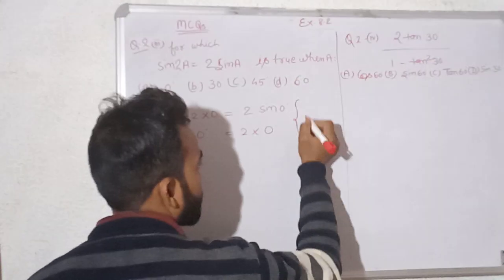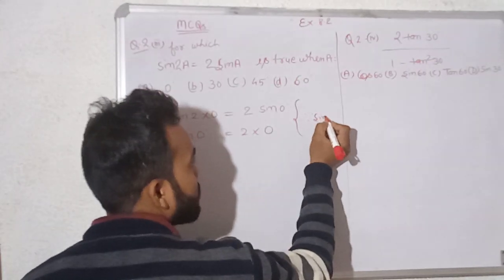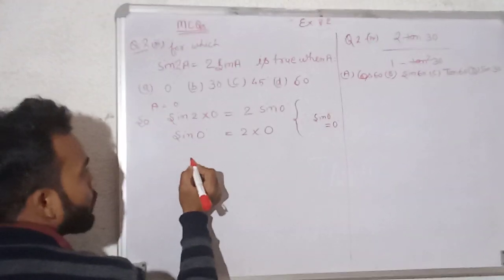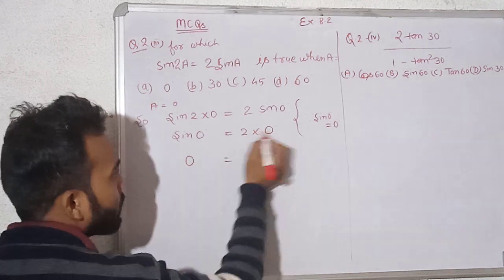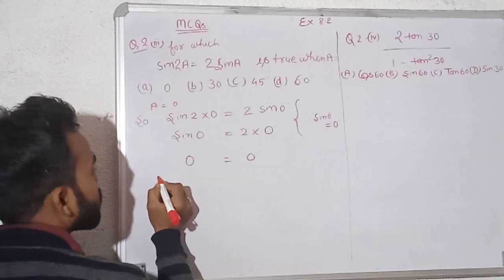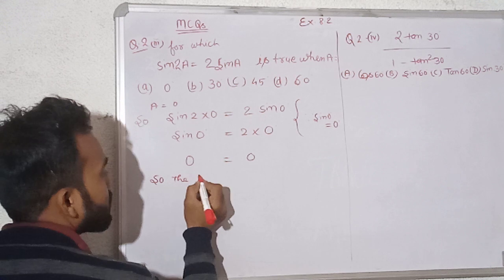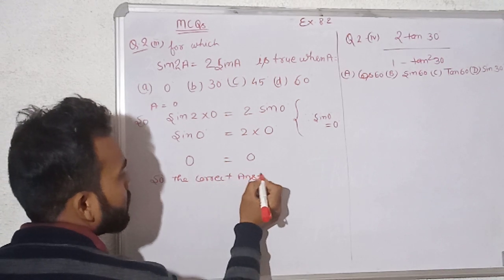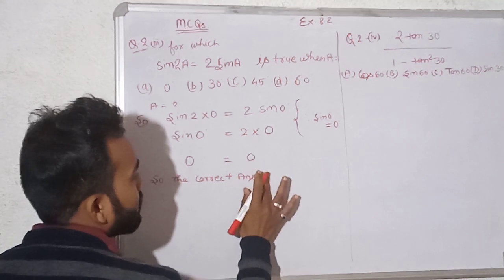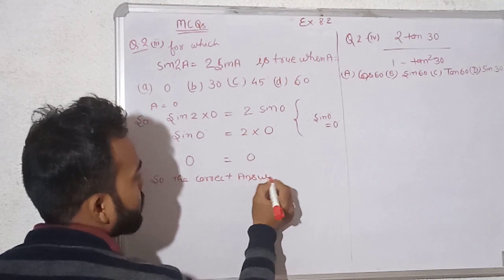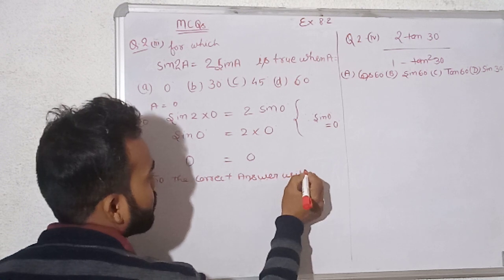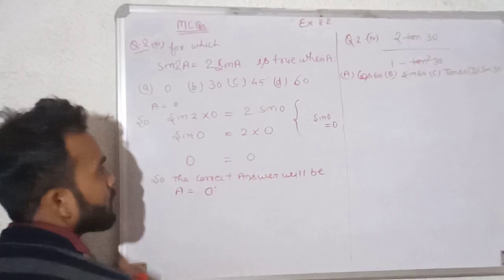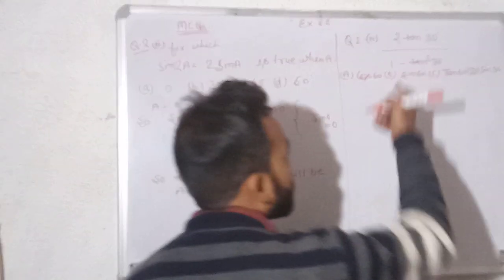Since sin 0 degree is equal to 0, so sin 0 is equal to 0 and 2 multiplied by 0 is equal to 0. So the correct answer will be A equal to 0 degree. Clear? Now we have to solve this question.